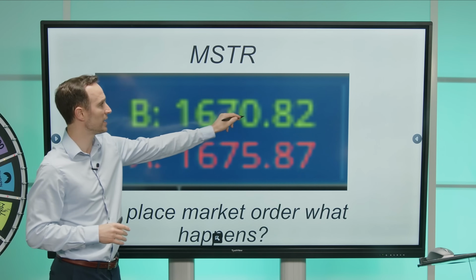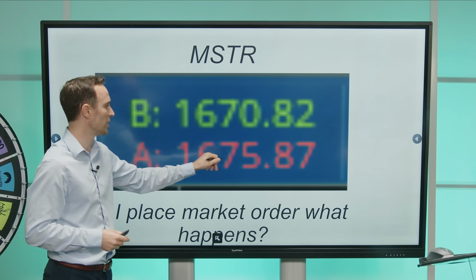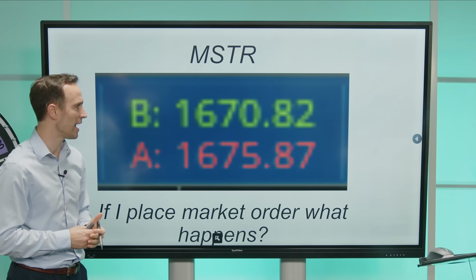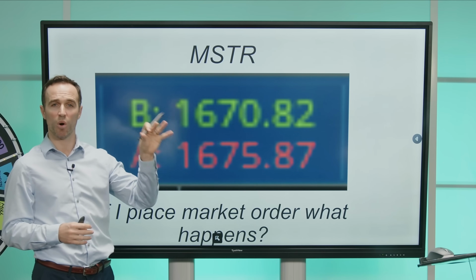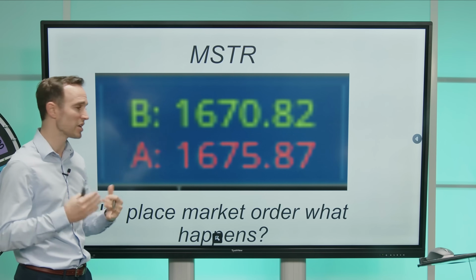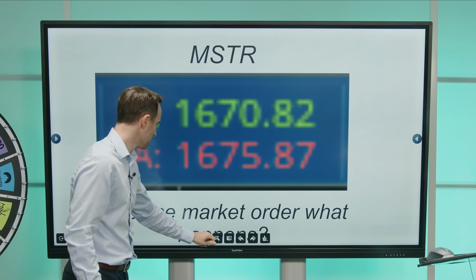You wanted to get in at $16.70, you put a market buy order in, you get filled here at $16.75. Now, on such a highly priced stock, maybe not that big of a deal, but this is something you always have to look for before you enter a stock, okay?